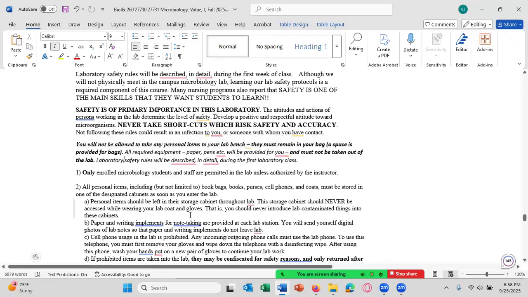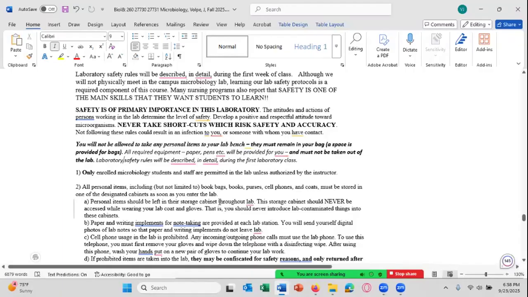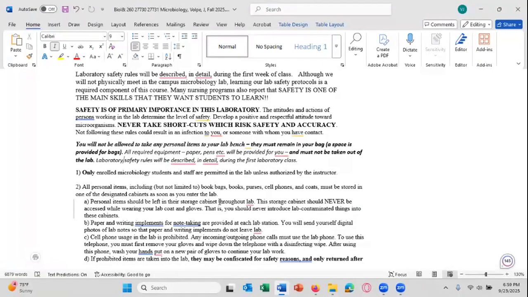All personal items, books, bags, purses, cell phones, coats must be stored in the cubbyhole, which is right after the door when you enter the lab. The door and the cubbyholes, or the cabinets, are considered external to the lab. You then walk a few feet into the lab proper, walk to the sink, and you wash and scrub your hands.